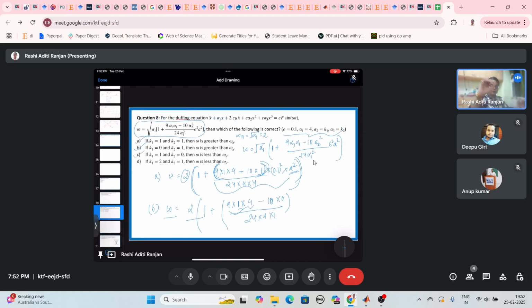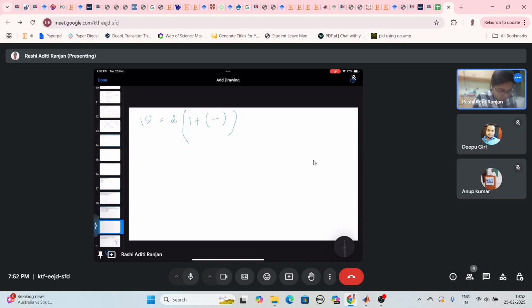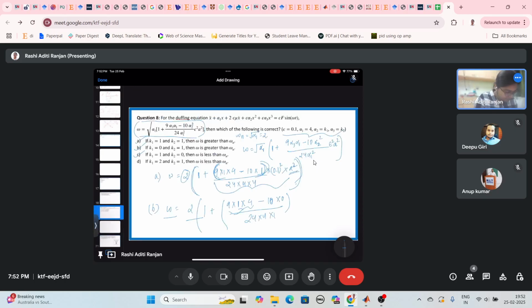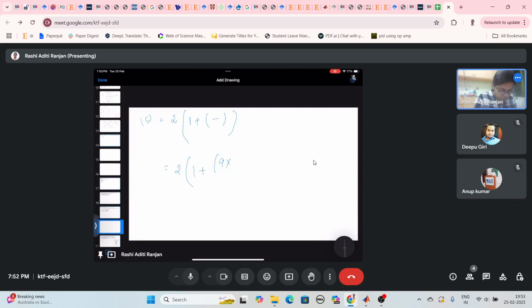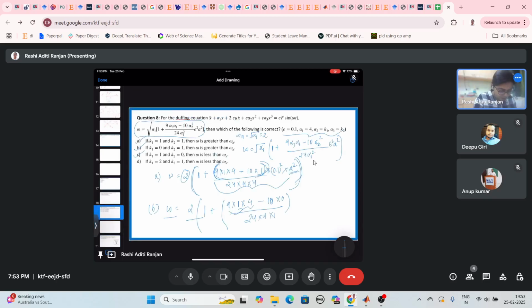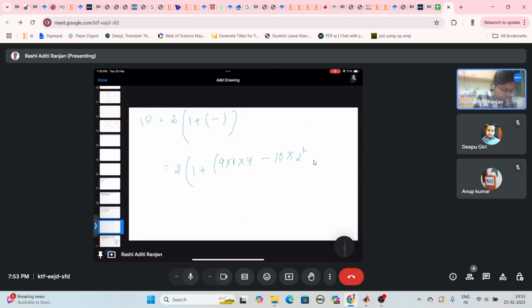Coming on to option D, where we have K1 equal to 2 and K2 equal to 1. Then what is going to happen? So we have 2 into 1 plus 9 into alpha 3, K2, which is 1, into 4, minus 10 into 2 square, divided by 24 into 4 into 4.